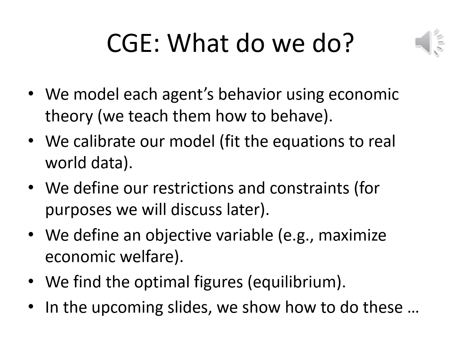An objective variable is something that we want to maximize or minimize. In our case, we will maximize economic welfare, which is also named utility. And so we find the equilibrium, then we run our model, we find all the equilibrium figures.